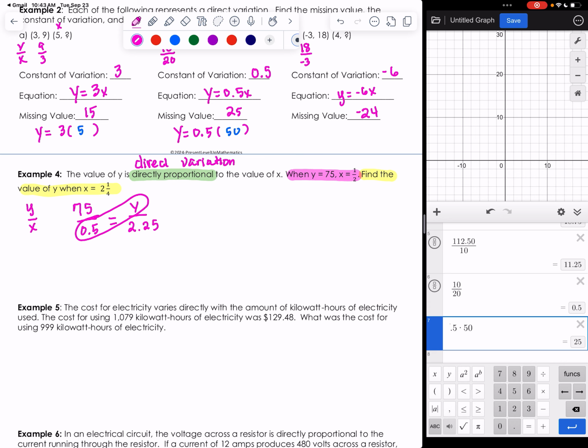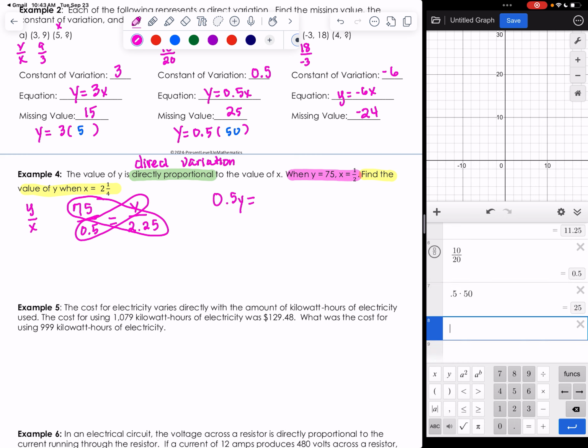So 0.5 times y is 0.5y. And then I'm going to multiply 75 times 2.25. And that's 168.75. Now, to find the value of y, I'll just divide both sides by 0.5.